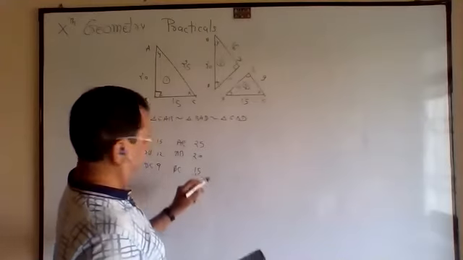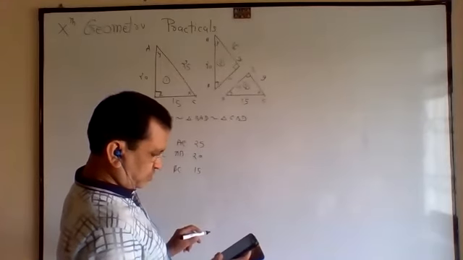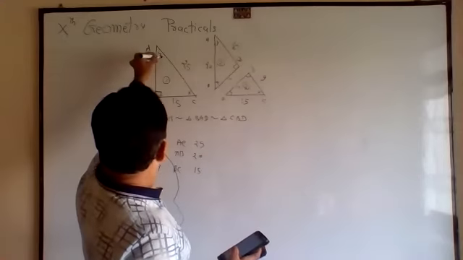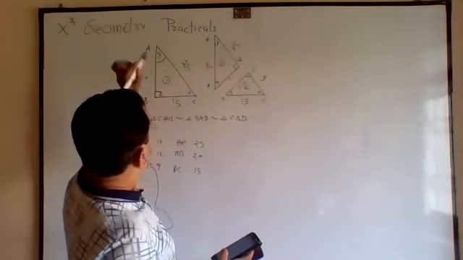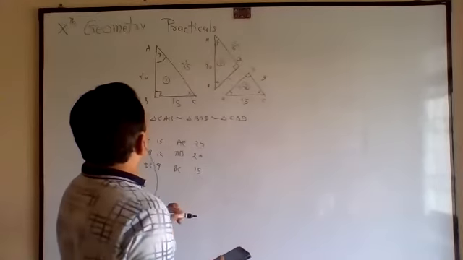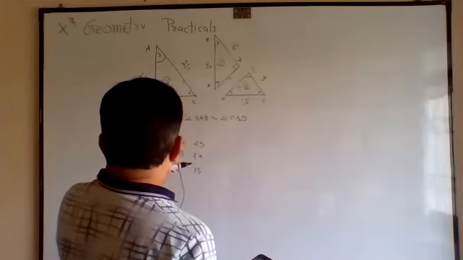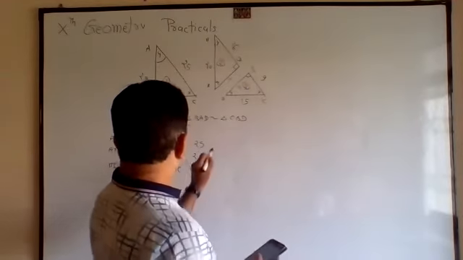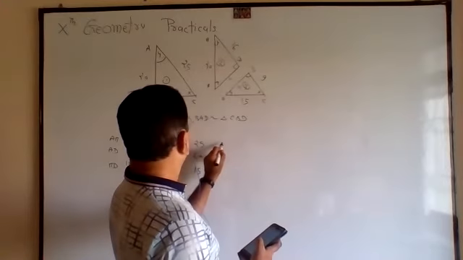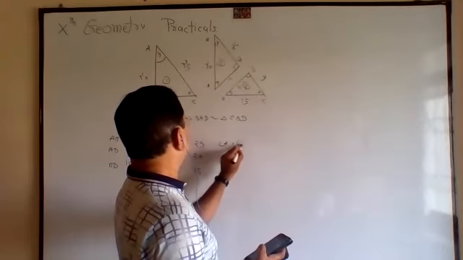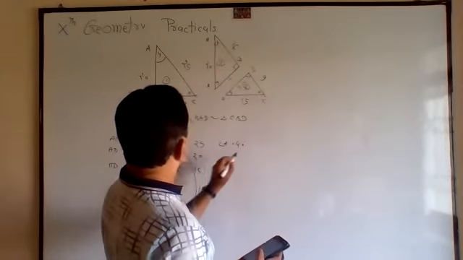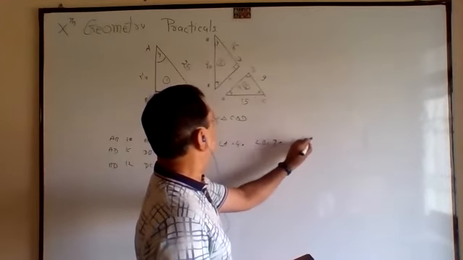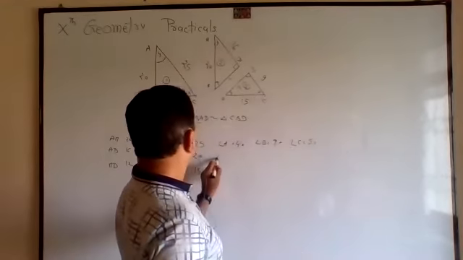Okay, this is 90. In ABC, you can write 40, 50 and 90. So angle A 40, angle B 90, angle C 50.